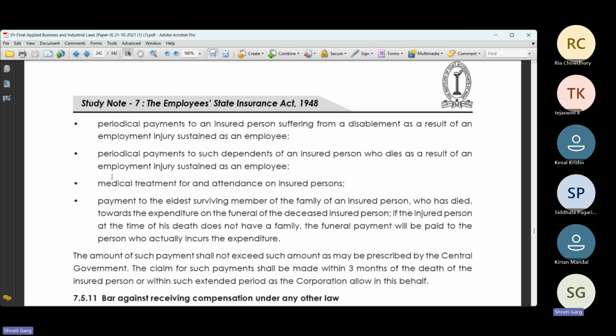Medical treatment will also be given to the insured person. Payment to the eldest surviving member of the family of an insured person who has died, towards the expenditure on the funeral of the deceased insured person. These expenses will also be covered under the ESI.